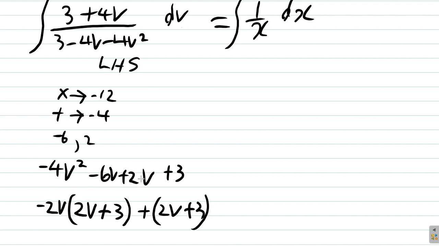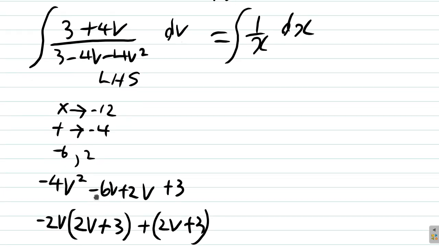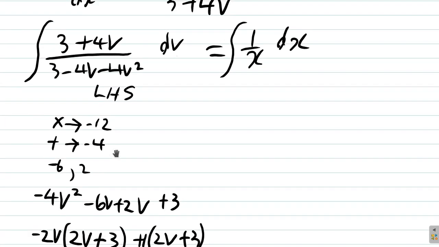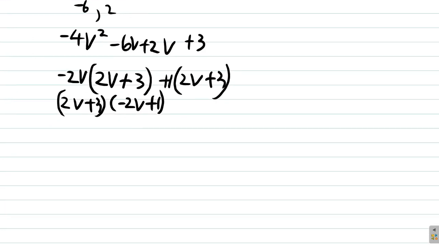So I have the same thing in both brackets. When we factorize this, we have 2v plus 3 and negative 2v plus 1. So that's essentially what we have as factors.